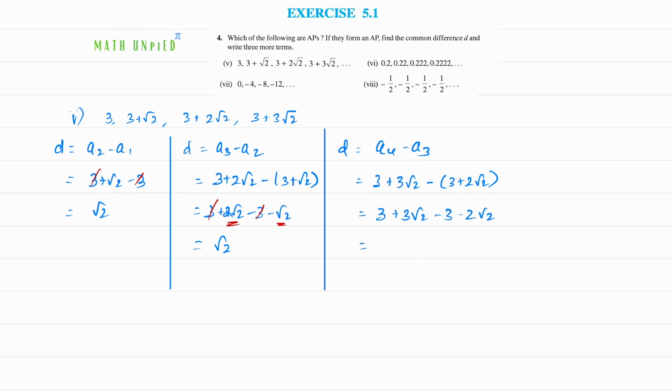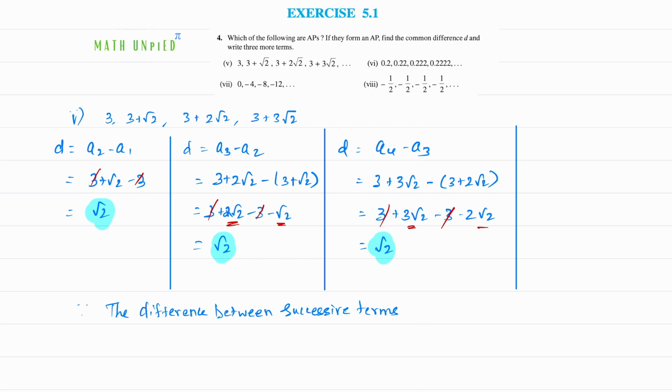After cancelling, this will be 3 root 2 minus 2 root 2 will be root 2 equal to root 2. So the difference is common or same between the successive term. Therefore this is an AP, and we need to just add root 2 to successive terms. Since the difference between the successive terms are same, it is an AP.